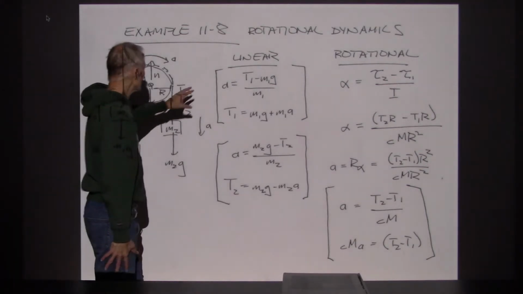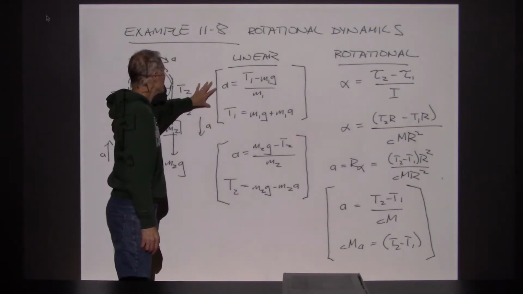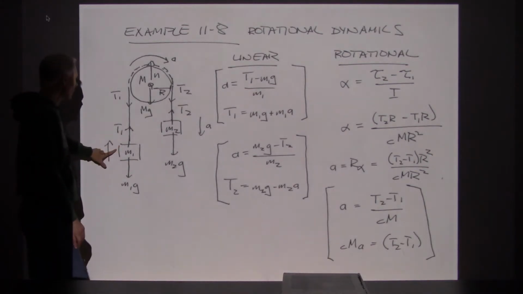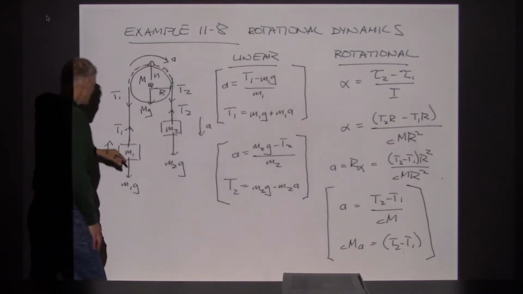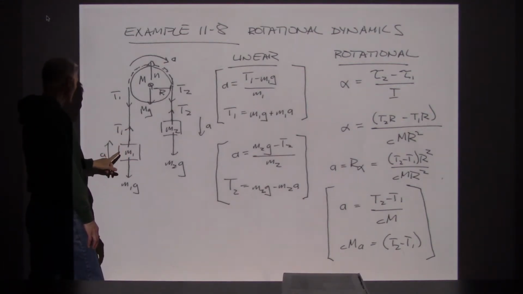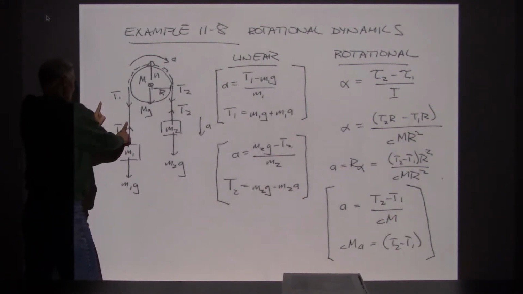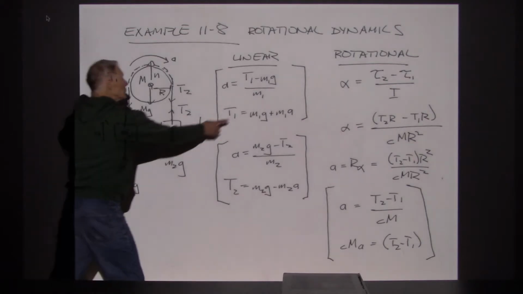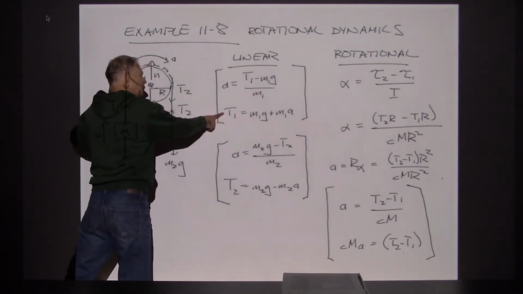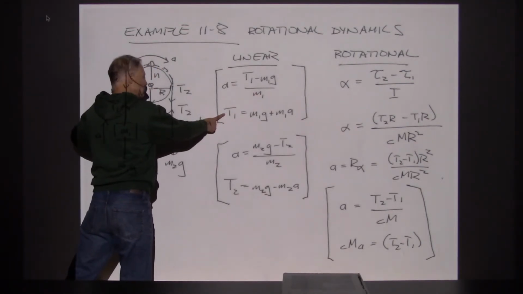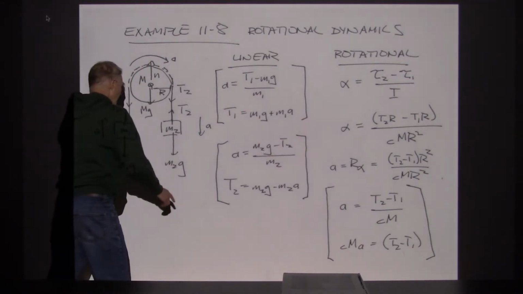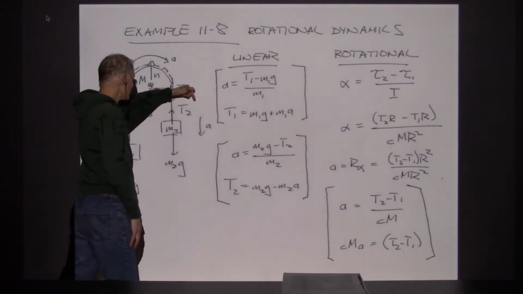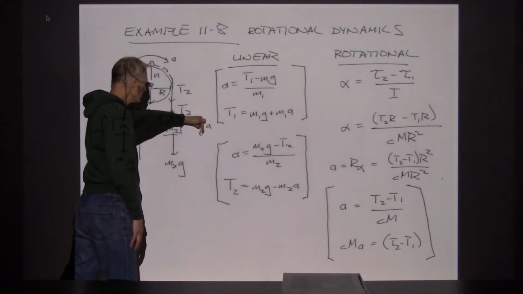So let's take a look at some linear formulas. If I look at the acceleration of object 1 and the acceleration of object 2, I can write the acceleration of 1 as, oh, that's the other way. This is going to be T1 minus M1g divided by M1. And then I can write down the tension 1 in terms of the M's and the A's. For the second object, I've got an acceleration downwards.